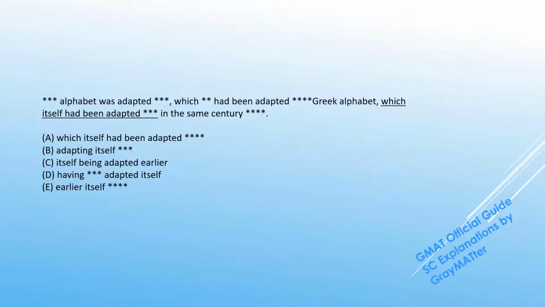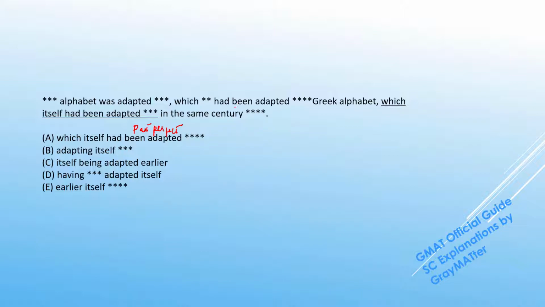One thing that can be noted is the presence of the past perfect tense here, had been adapted. So we just need to check whether the usage of the past perfect tense is appropriate, and usually the reference point for which timeline we're talking about is in some other parts of the sentence, usually in the non-underlined portion.